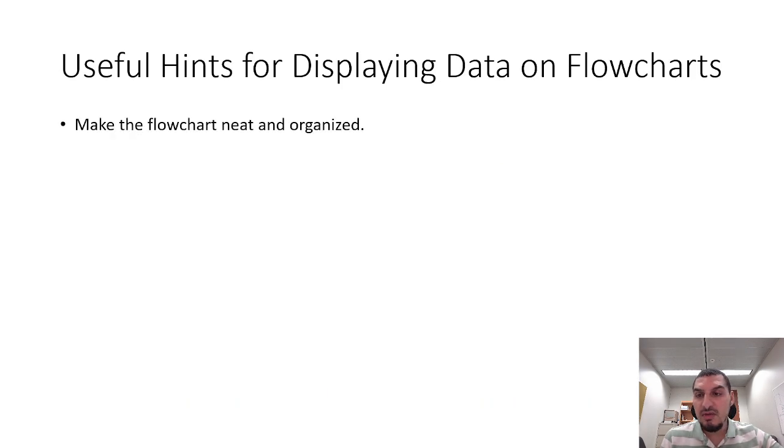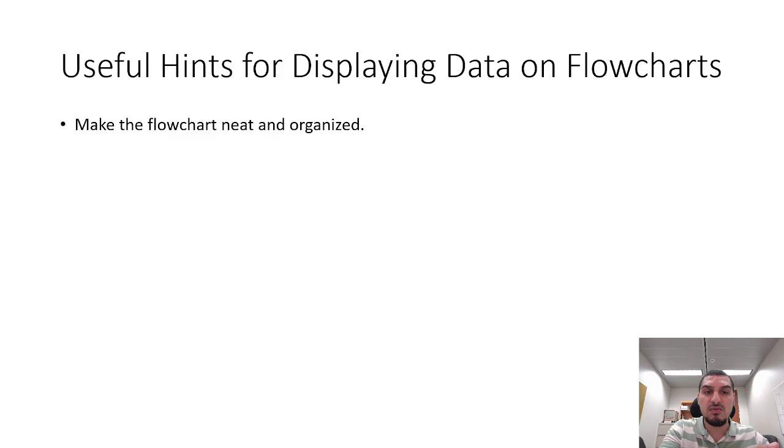So here we have some useful hints that I really recommend for drawing flowcharts. One of them is to make the flowchart neat and organized. It seems a very logical and intuitive thing, but this is something that will come by practice, because when you draw a flowchart, you need to make sure that you leave enough space for writing the data on the streams.